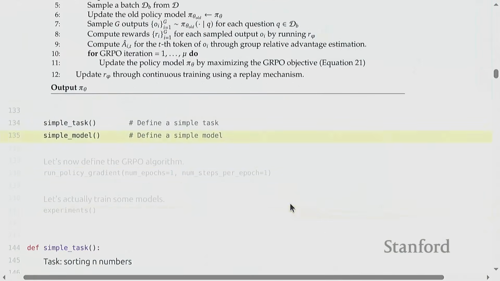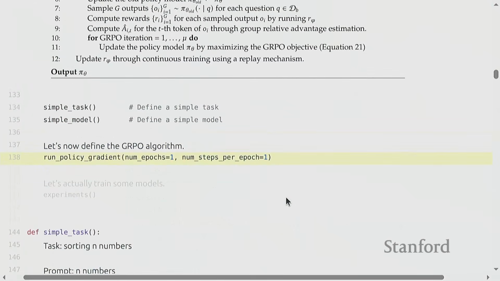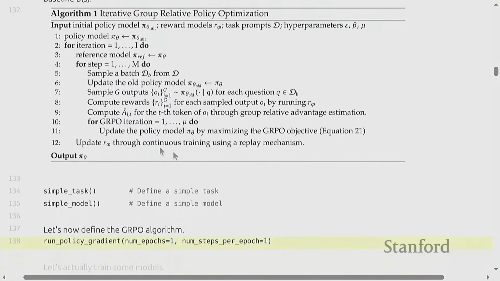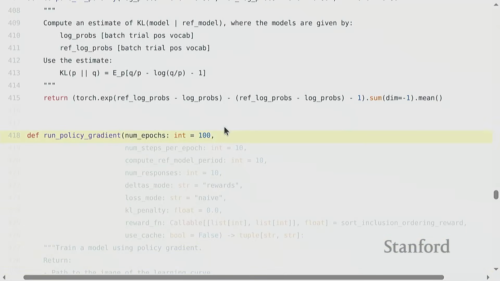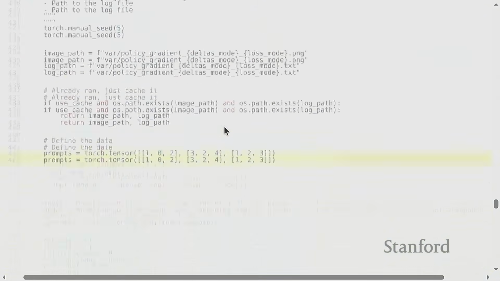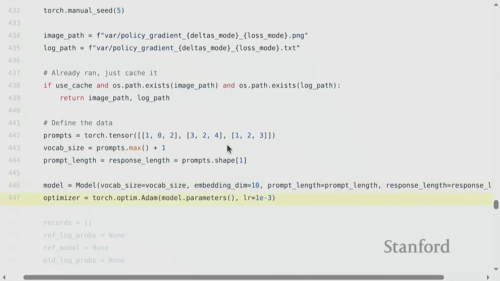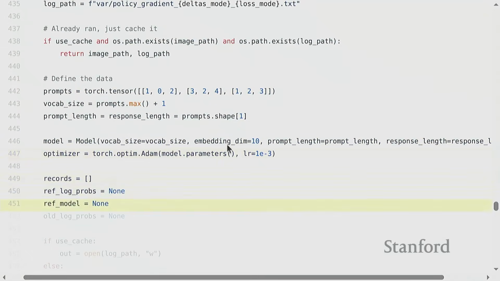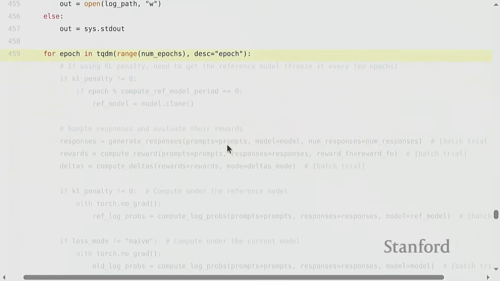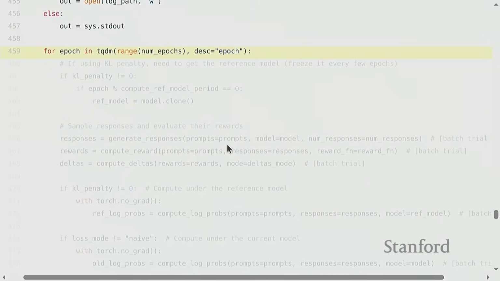Okay, so let's try to put this all together. This is the full algorithm, which is essentially an implementation of what's in here in code. There's some boilerplate I'll just skip over. I'm going to define some trivial dataset here, 3 prompts of length 3 each, and then define the model and optimizer. There are multiple loops here in GRPO.